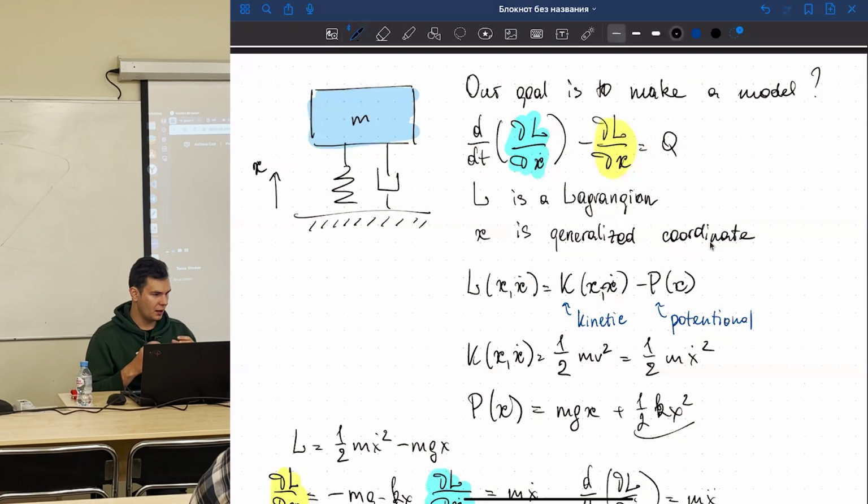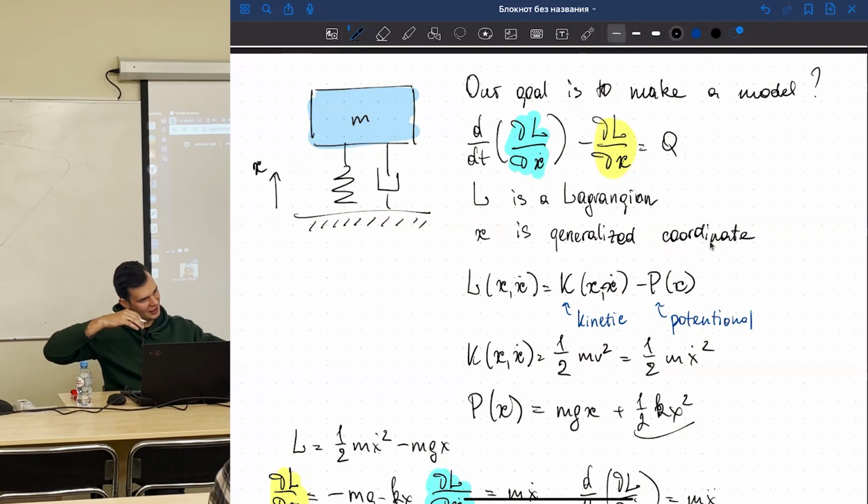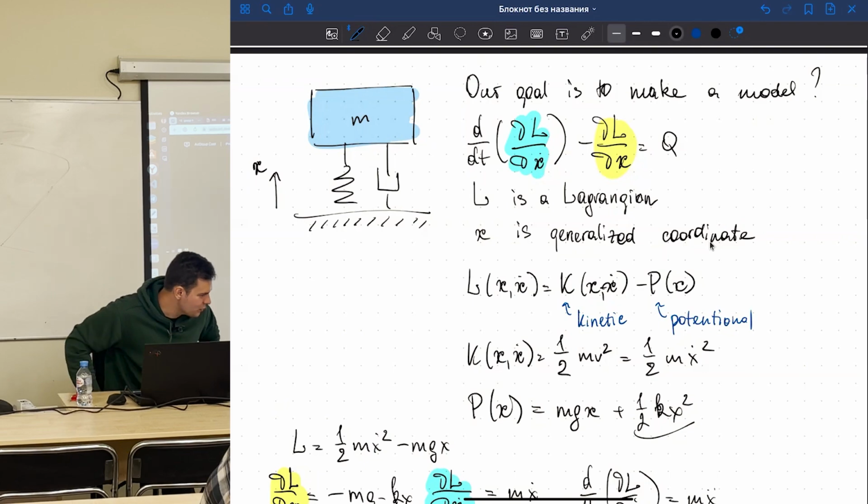If there is no energy dissipation, it will be equal to zero. But here we have a damper. What is the damper doing? The damper actually dissipates energy. Actually, it's not dissipating because of the second law of thermodynamics.